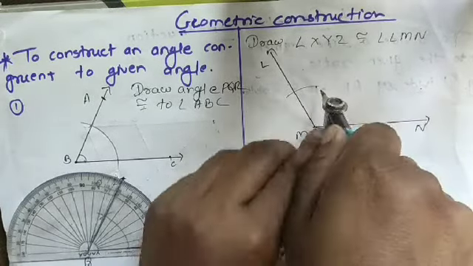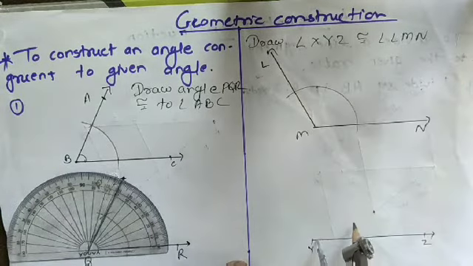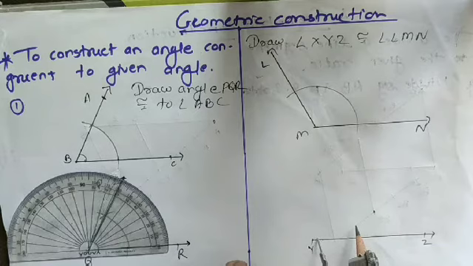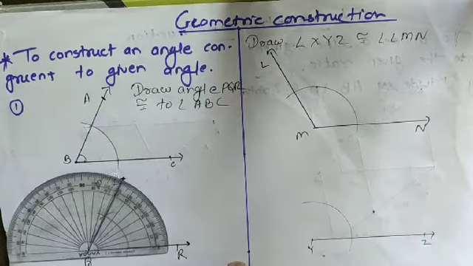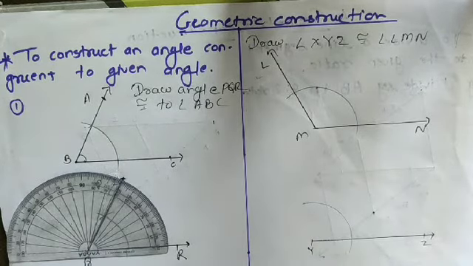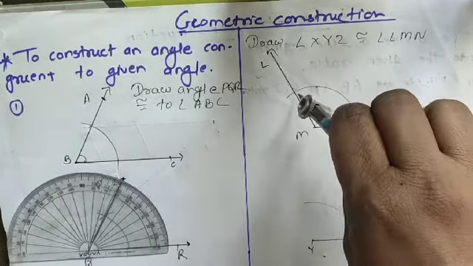As I told you before, you have to take a sufficient distance in a compass. This is the distance I had taken. Without changing the distance, put this point on Y and draw the arc which intersects the ray YZ. Next step is to take the distance between the two arcs of angle LMN.